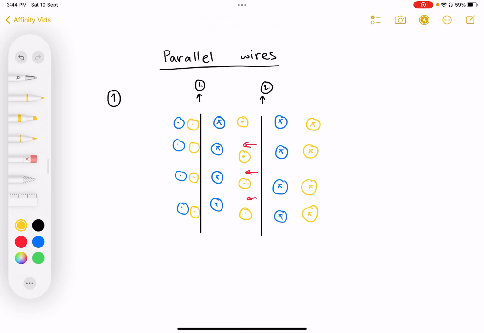Let's again use the right hand slap rule, or Fleming's left hand rule. We know that our current is going upwards, and our magnetic field is going towards us.